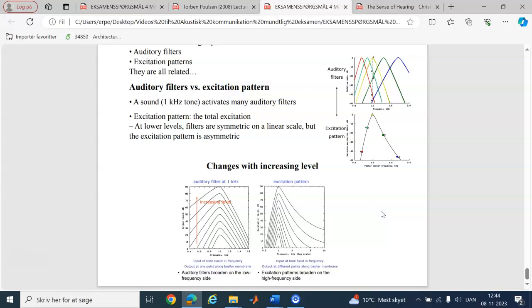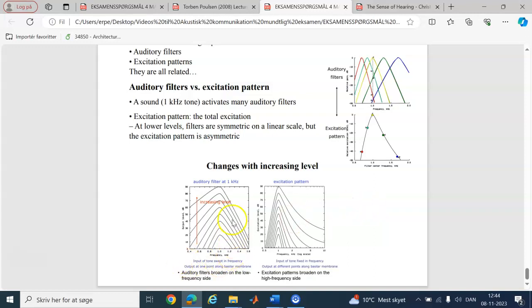This is the input of one tone swept in frequency, and the output is at one point along the basilar membrane. So to make it simple, an auditory filter belongs to one point along the basilar membrane but covers many different frequencies.